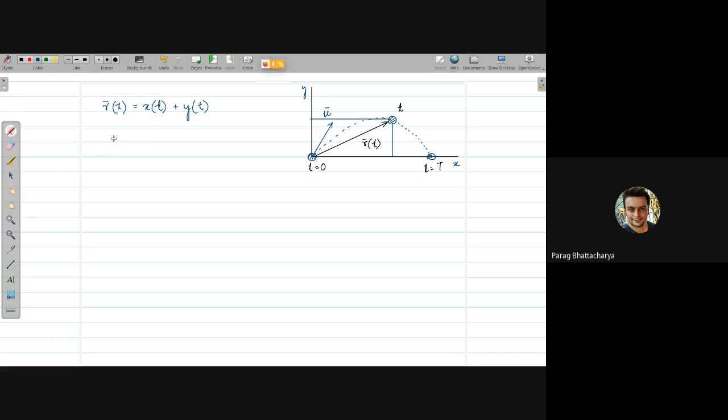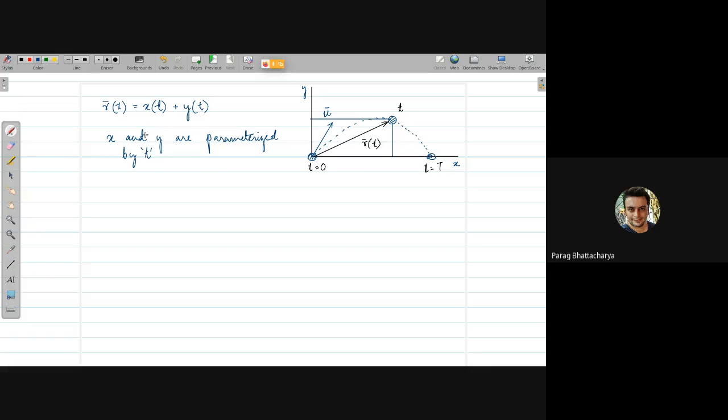So here in this case, we say that x and y are parameterized by t. x and y are two variables, and these two are parameterized by t.